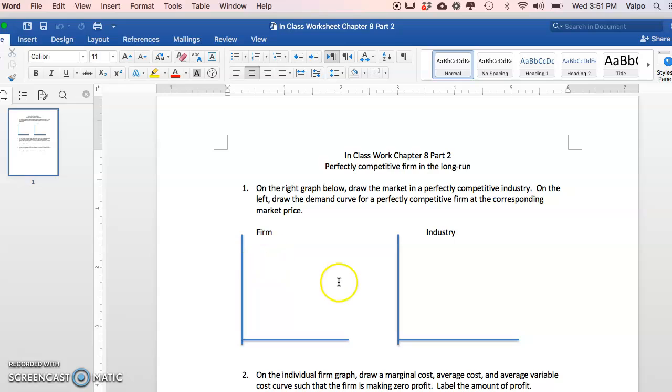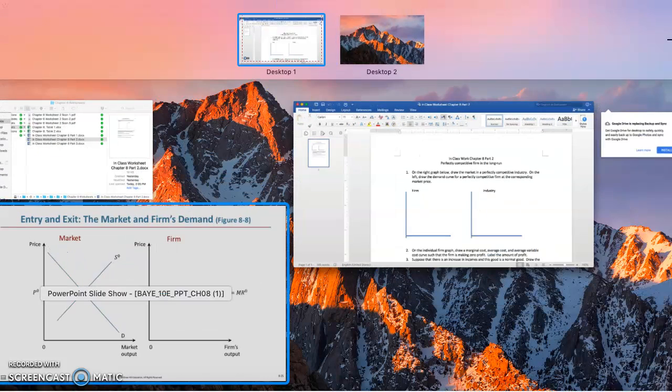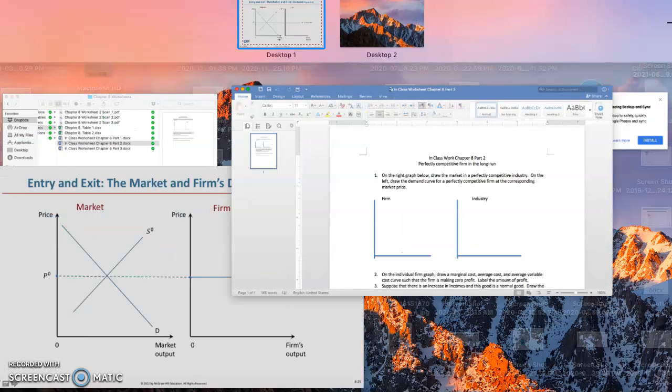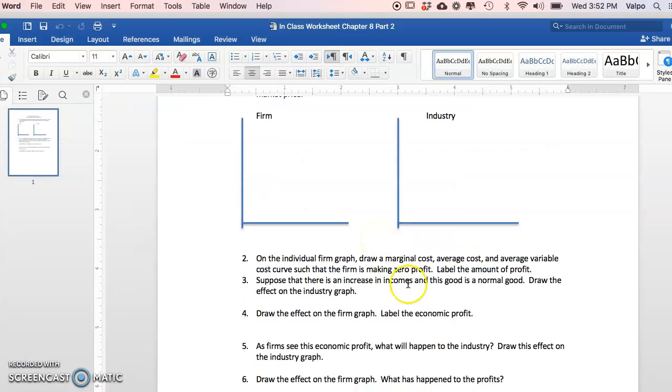But regardless, we're going to put the firm demand curve, which is a perfectly horizontal line, here next to the industry demand curve. Now the trick is, if we look back at the PowerPoint, the market determines the price at the intersection of supply and demand. So what I ask you to do is to draw marginal cost, average cost, and average variable cost such that the firm is making zero profit.